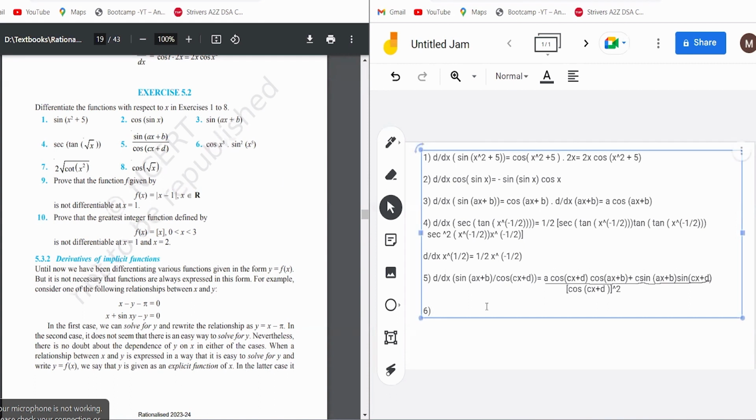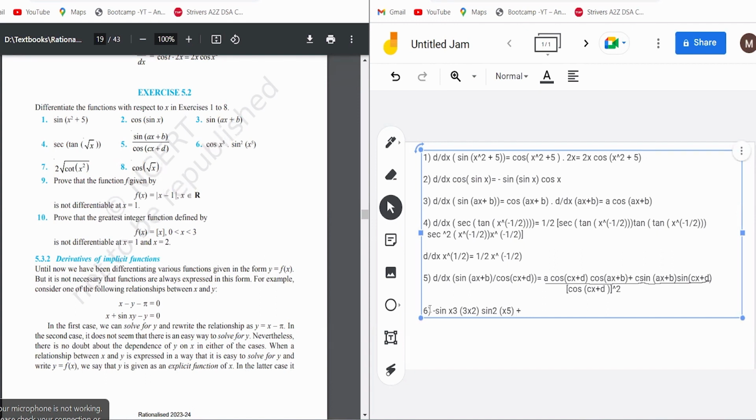So differentiation of first function, differentiation of cos of something is minus of sine of x cube multiplied by differentiation of x cube. Differentiation of x cube is 3x square. Okay. And second function as it is, that is sine square x5. Okay.